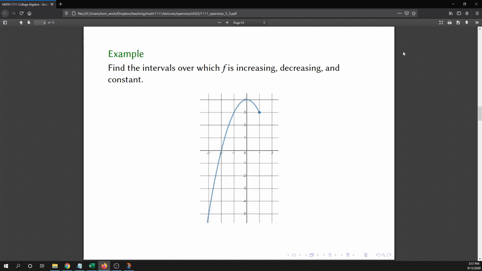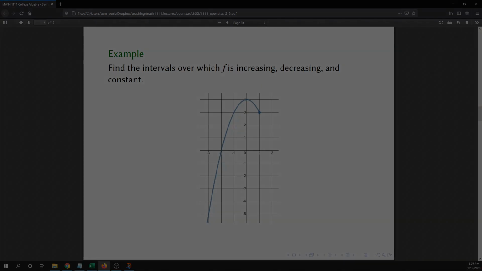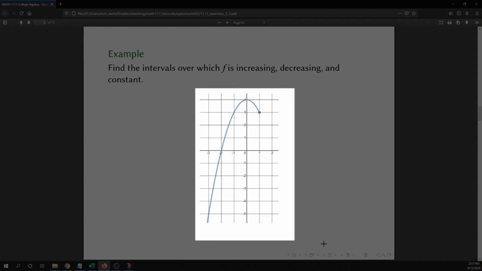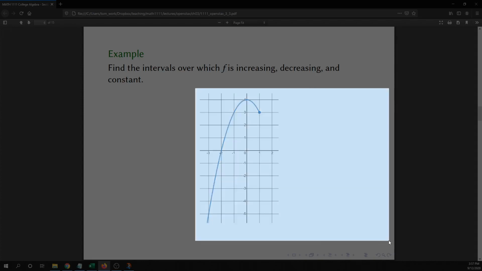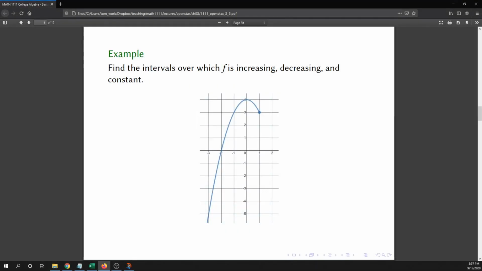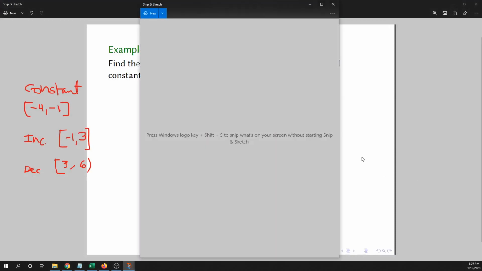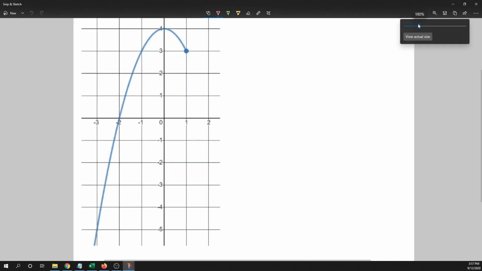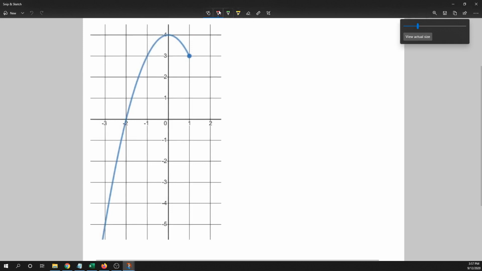All right, the next example. So constant, increasing, and decreasing. Starting off here, we want to start again from left and go to the right.